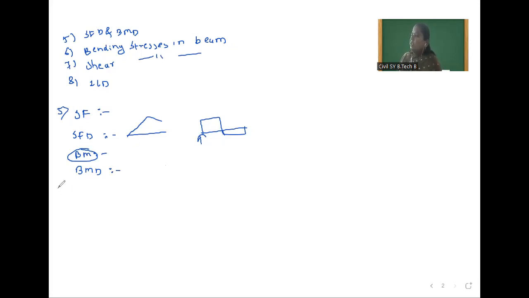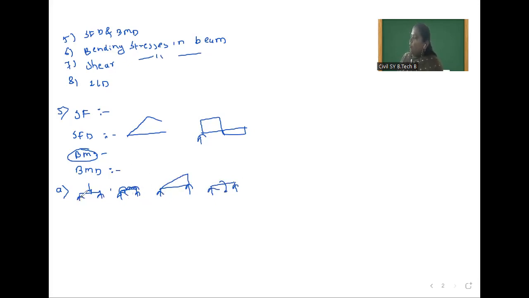After that, we have discussed some standard cases for simply supported beam: central point load, uniformly distributed load, uniformly varying load, and moment couple. So for these 4 cases, we have discussed for simply supported beam.